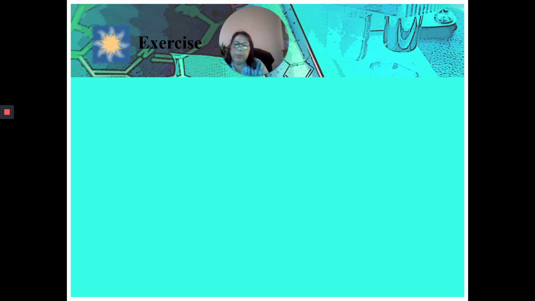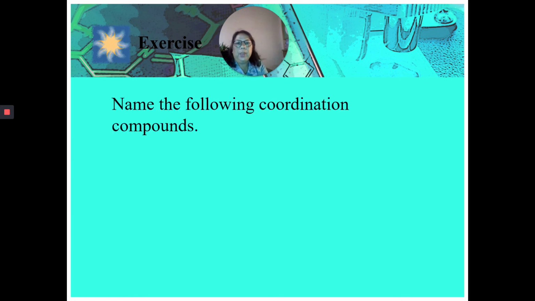Bring out your paper and pencil. Although this is not graded, please join the answering. Name the following coordination compound.